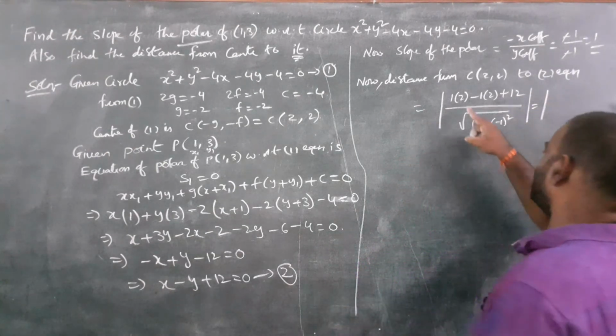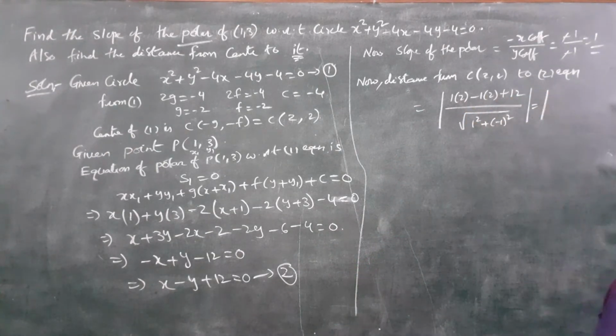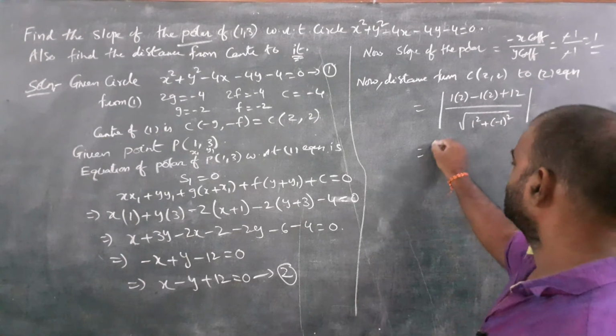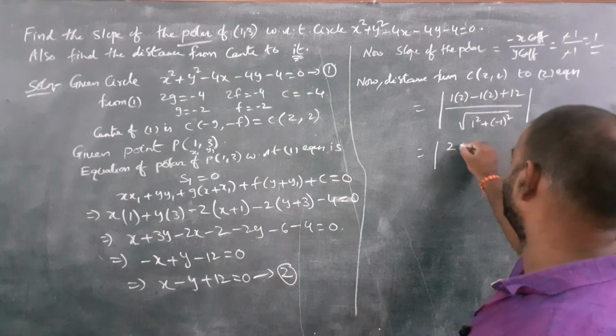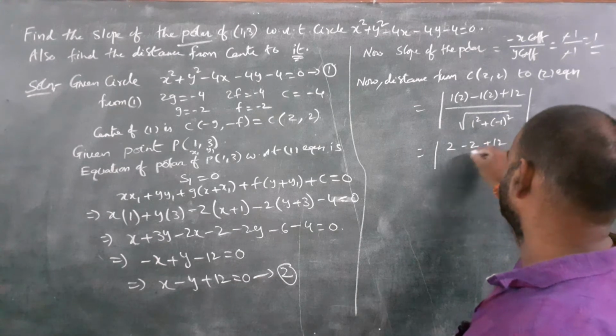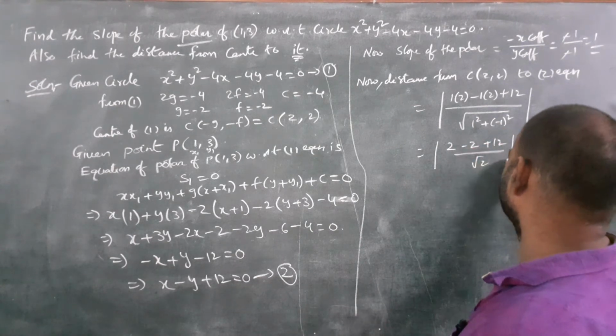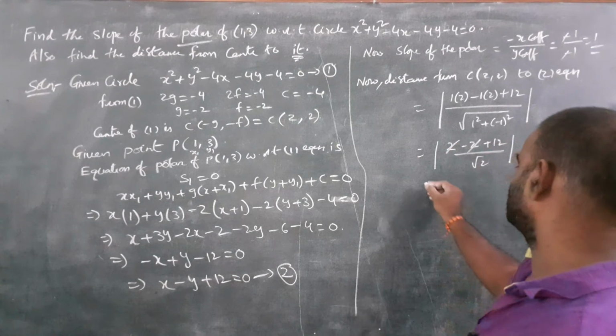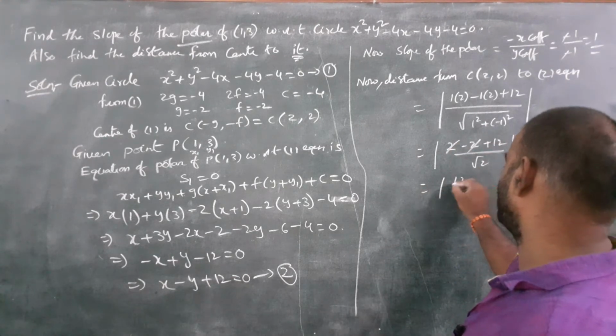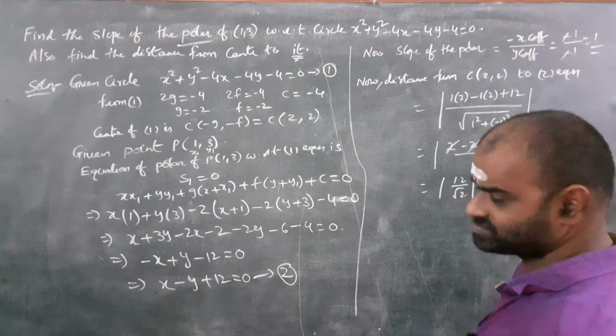So this is nothing but 1 into 2. I write here: this is 2 minus 2 plus 12 by root 2. The 2 cancels. It is nothing but 12 by root 2.